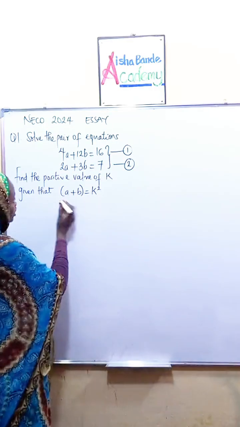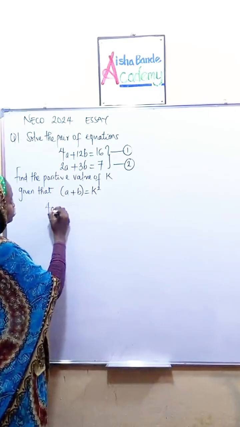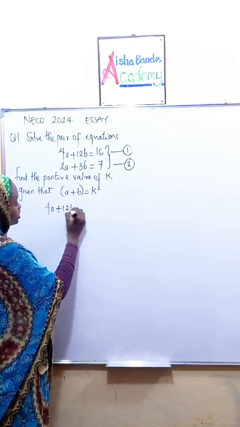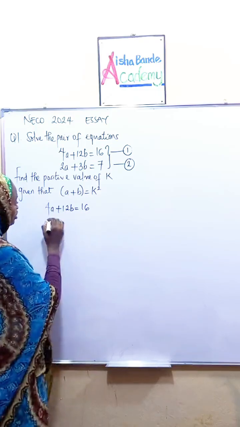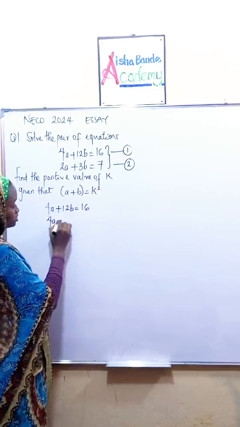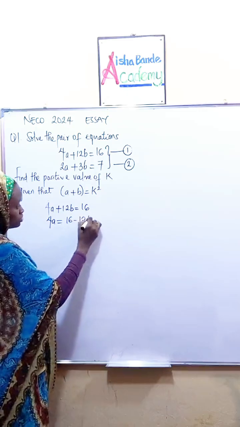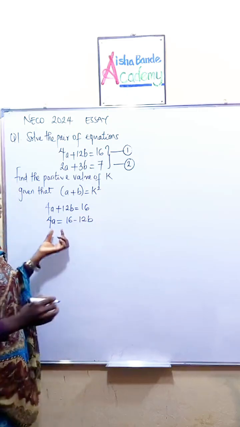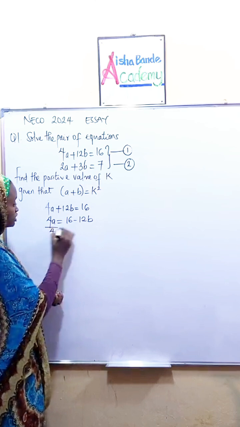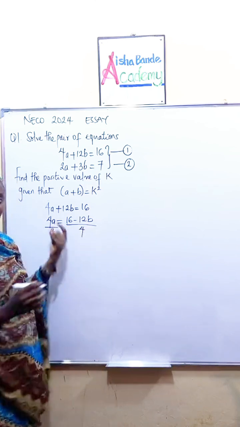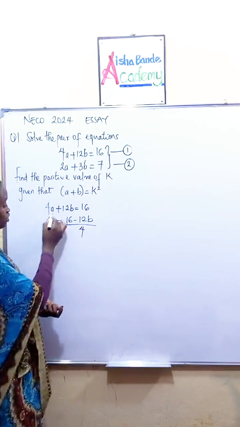So we take equation 1, which is 4a plus 12b is equal to 16. We make a the subject of the formula here. So 4a is equal to 16 minus 12b. This is the same thing as dividing both sides by 4, to make a the subject. 4 cancels 4.